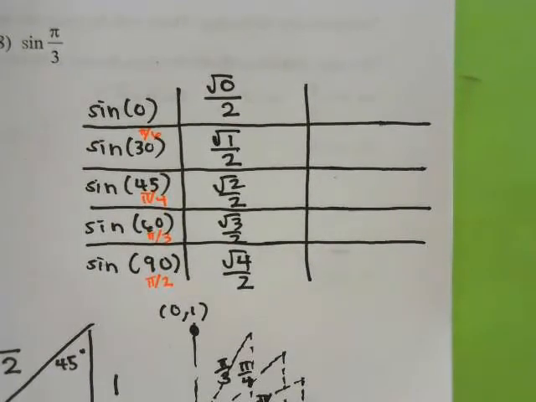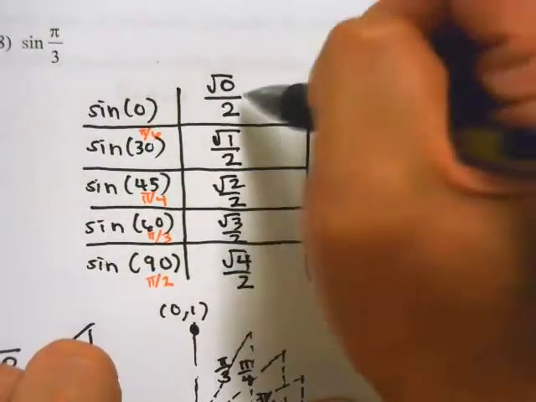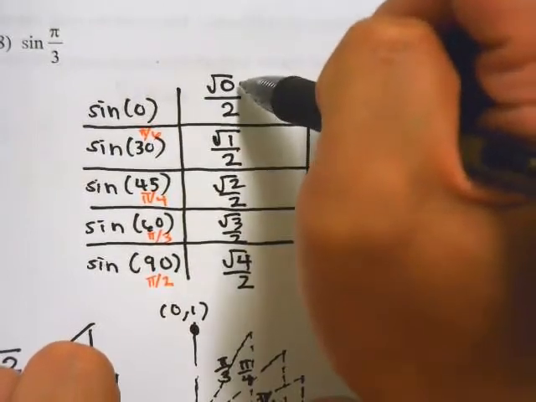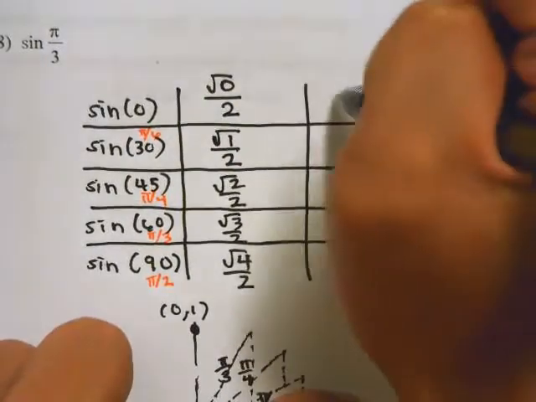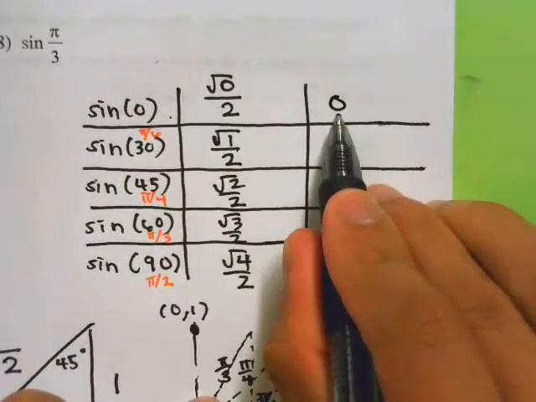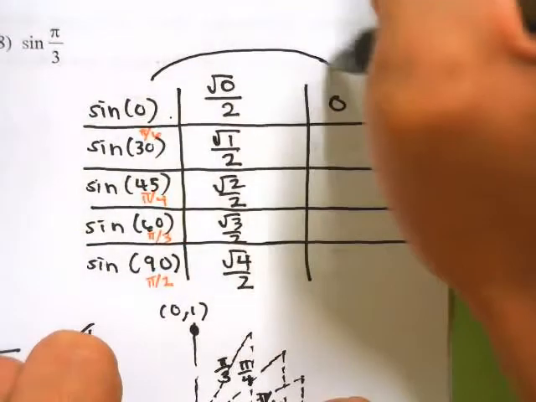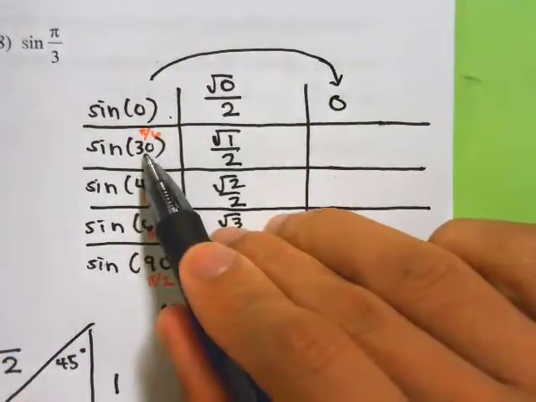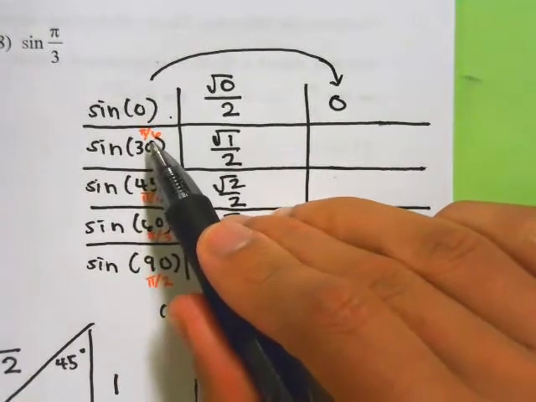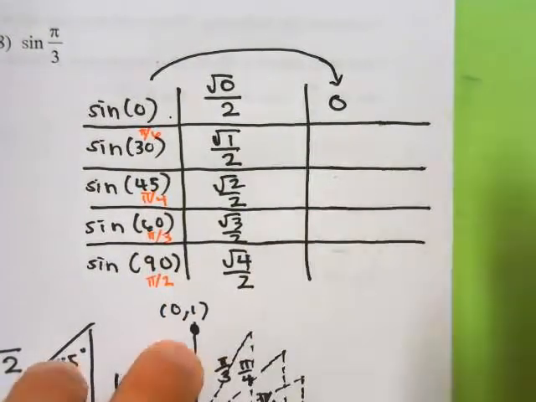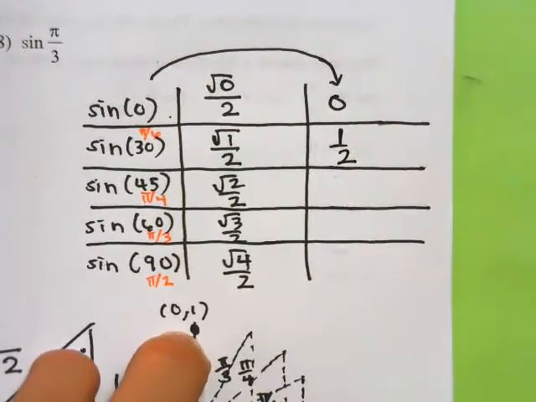So now when we simplify this even further, square root of 0 over 2, that's just going to be 0. So sine of 0 is 0, okay? Sine of 30 degrees, or sine of pi over 6, square root of 1 is 1, so this is going to be 1/2.